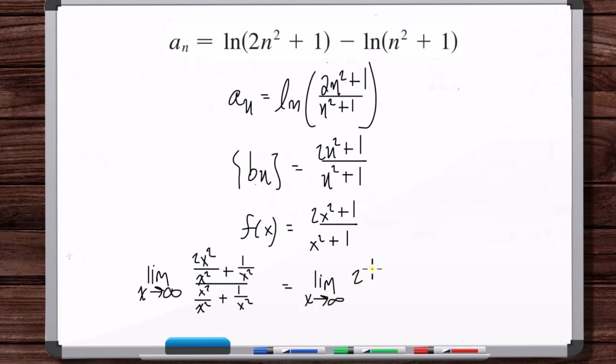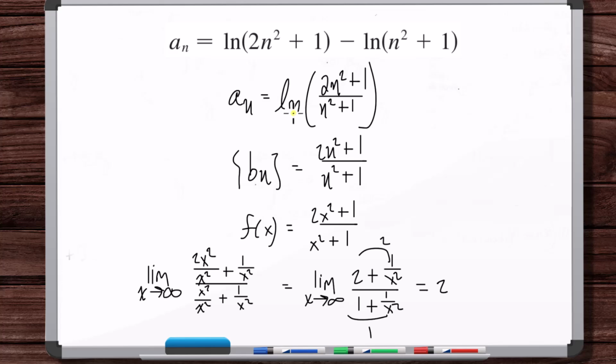So we've got 2, as x goes to infinity, this goes to 1. As x goes to infinity, this goes to 2. So, okay. Now, so we have the limit of this sequence here is equal to 2.